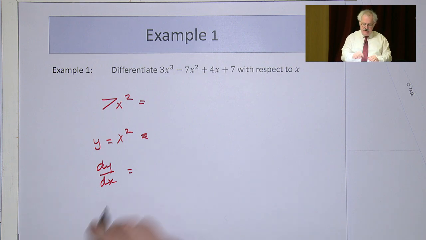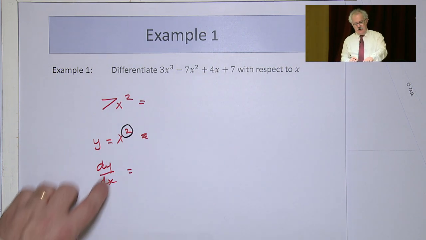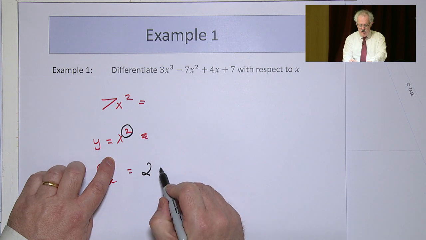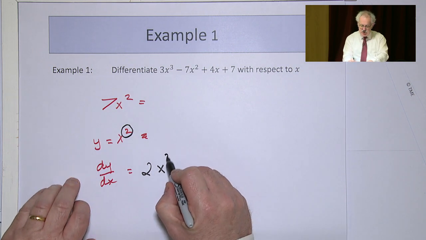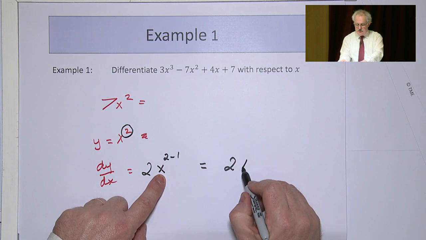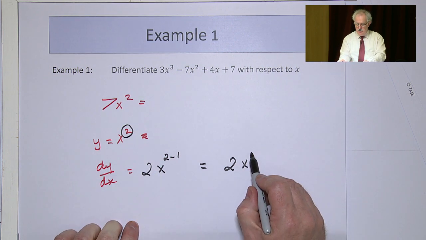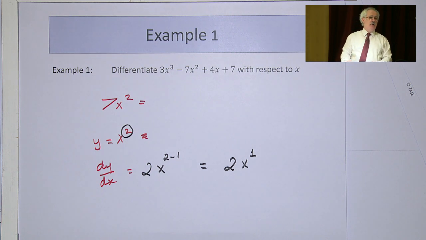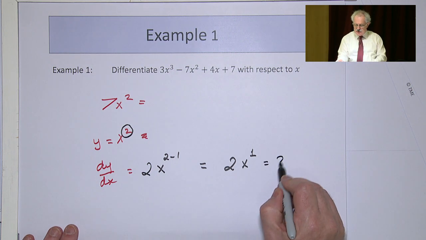The process is the same: take down the number 2, put in what x was there, and 2 minus 1. 2 times x to the power of 2 minus 1, and anything to the power of 1 is itself, so it's just 2x.